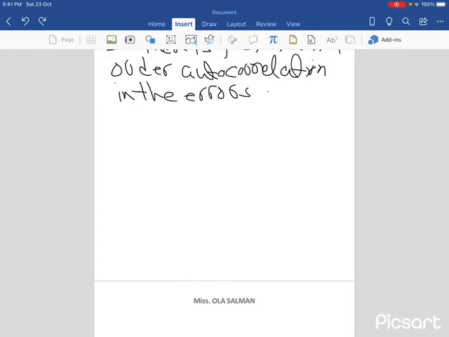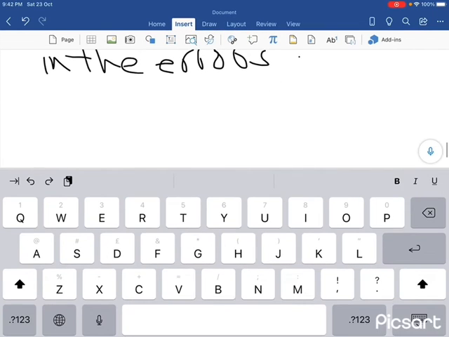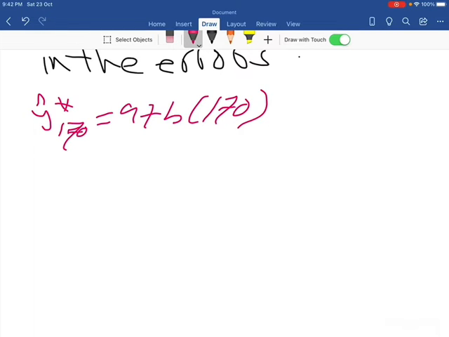You will write here, okay? You will write y hat star 170 will be a plus b t, where t is 170, plus.